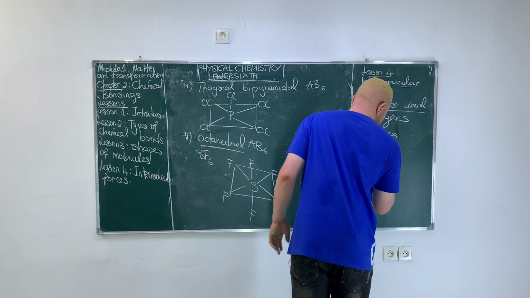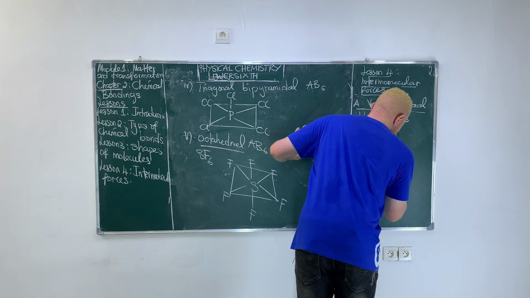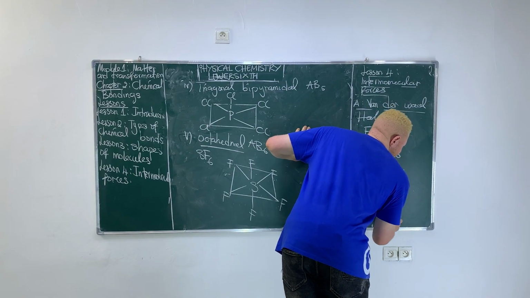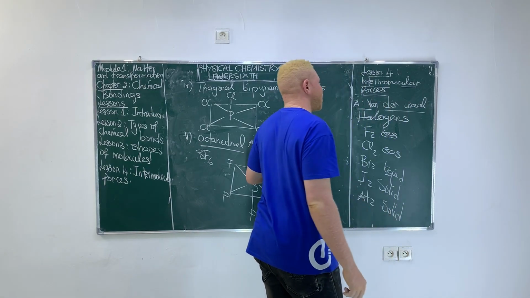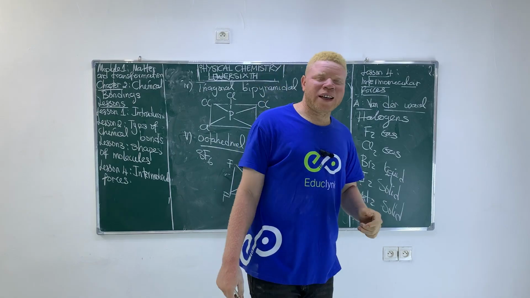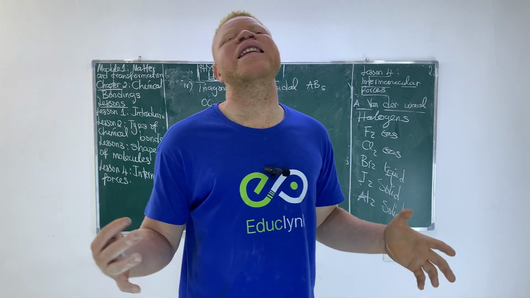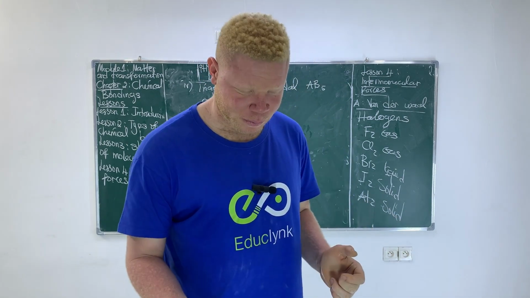Gas, liquid, solid. As I'm moving down the group, the physical state changes from gas to liquid and to solid. This is due to an increase in the strength of the van der Waals forces.